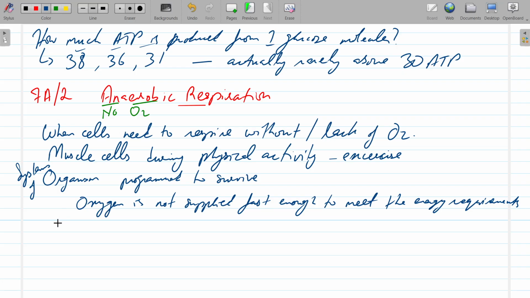And so to provide ATP to keep the muscles going, they utilize anaerobic respiration.